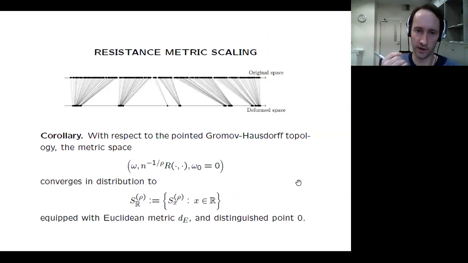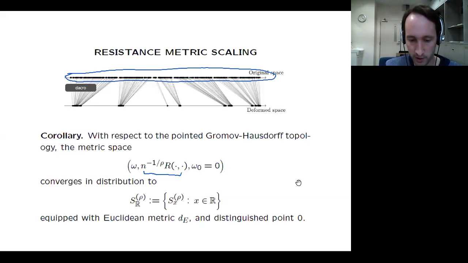Is to not look at this as a subset of R, but to look at this as a metric space equipped with a metric given by the resistance here. And so rather than looking at it as points embedded into R up here, we look at the points in terms of their resistance metric. And what I just described is that, at least asymptotically, this looks exactly like the picture I had before.